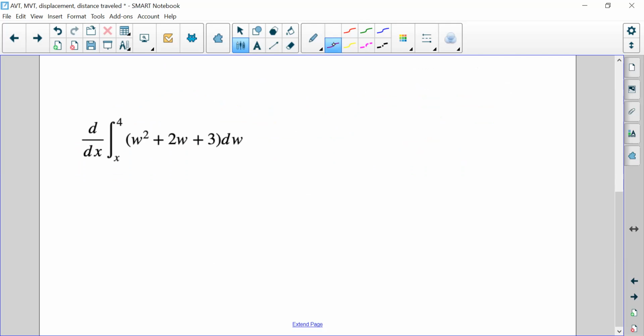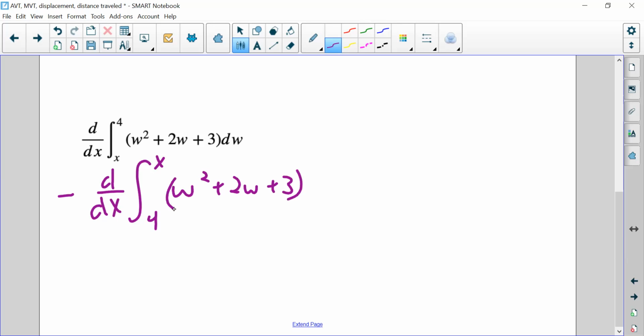So what property have we learned that allows us to switch those limits? Negate it. So I'm just going to do that. Negative derivative with respect to x of the integral, now flip those limits of integration. I have to do that little bit of work there.